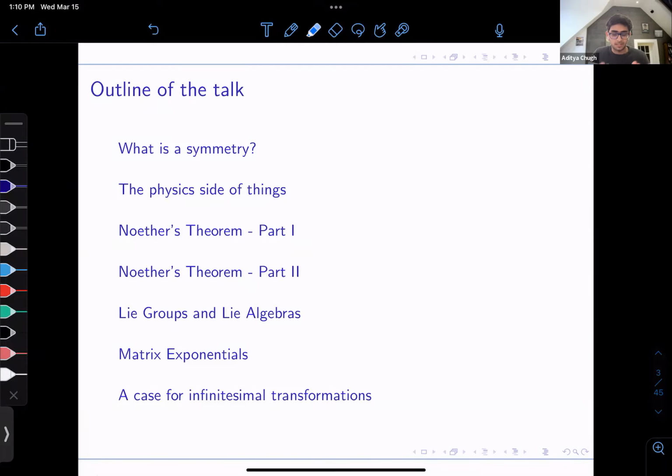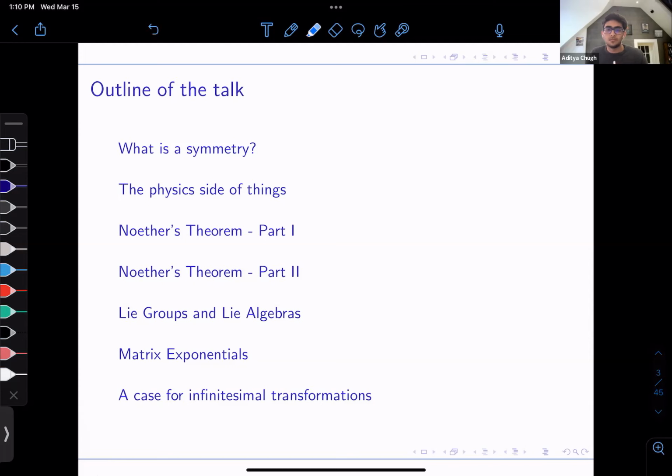That's quite a big theorem, which helps us leverage how our system behaves, and from the symmetries find conservation laws. And conservation laws are particularly nice to have. I'll give some examples of why they might really help simplify studying a physical system.